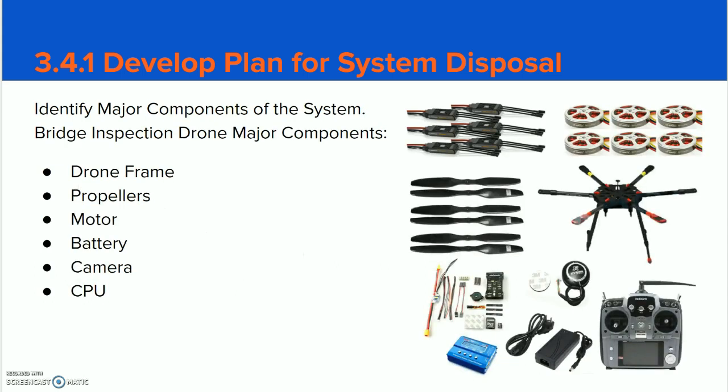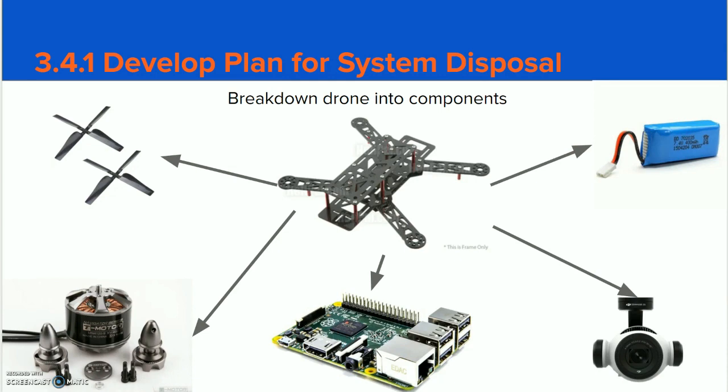We will identify the major components of the system. The major components of our bridge inspection drone system are drone frame, propellers, motor, battery, camera, and CPU. For the breakdown of the drone into components, here we have the propellers, motor, frame, CPU, battery, and camera.